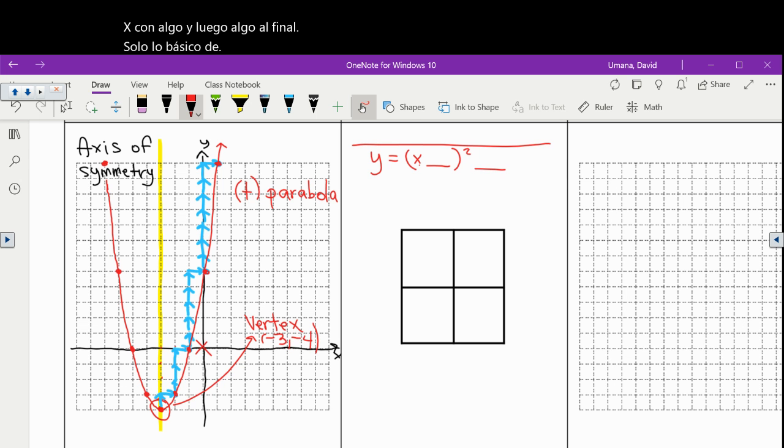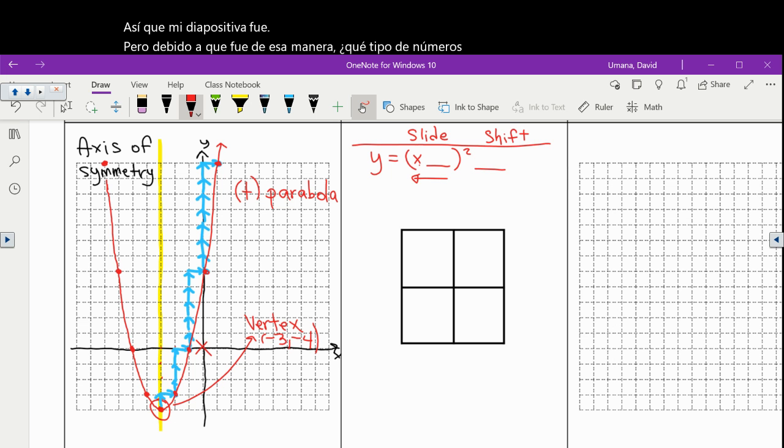The first one is going to be the slide. The second one is going to be the shift. All I know is the vertex is at -3. So my slide went this way. But because it went that way, what kind of number should it be?